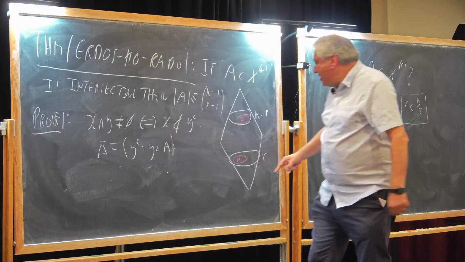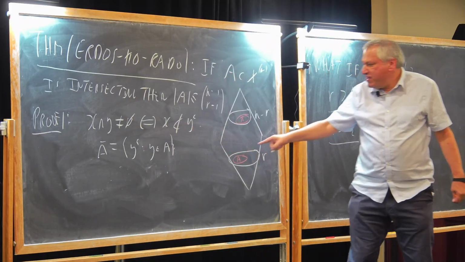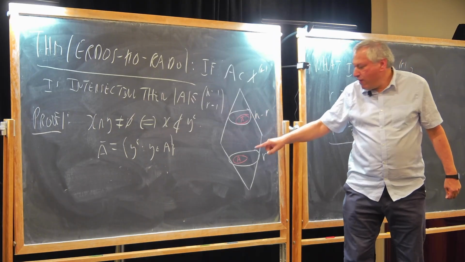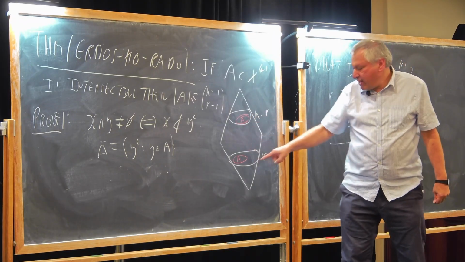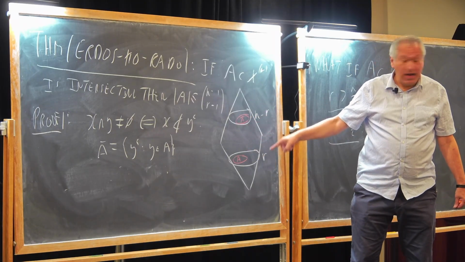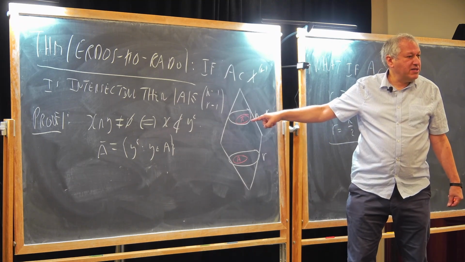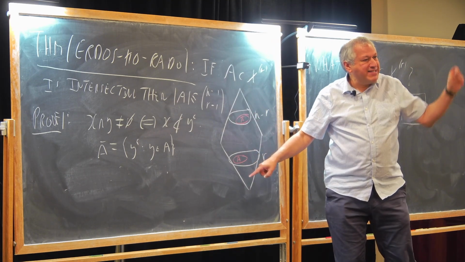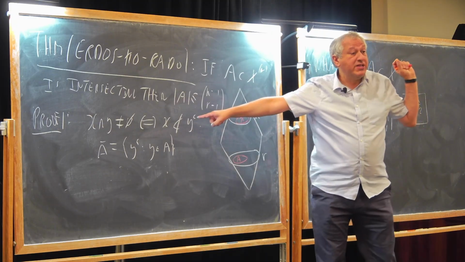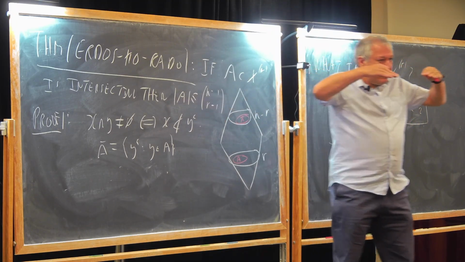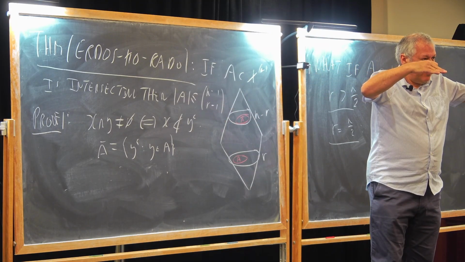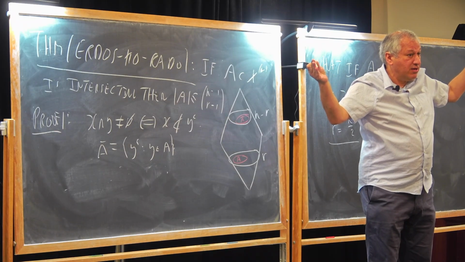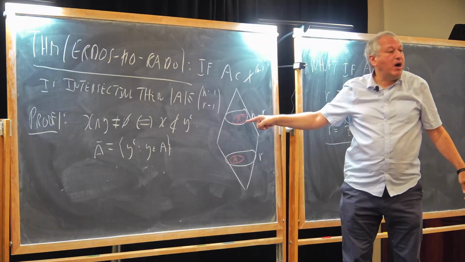So what does it mean to say that one of these is never contained in that? It says if you add elements to one of these, n minus 2r times, you never land in there. Does that make sense? You cannot take a set in here and add elements to get a set in there. So that says the upper shadow iterated n minus 2r times lands up disjoint from A bar.